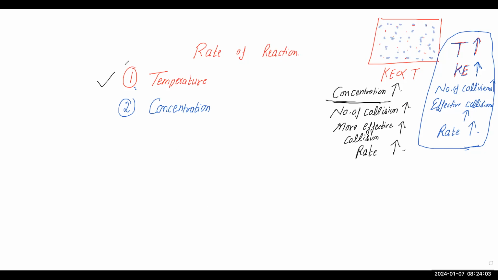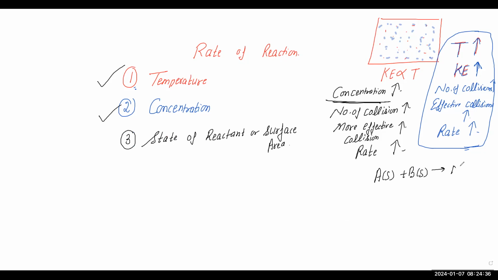So first is temperature, then concentration. The third factor is state of matter, or surface area. State of reactant, or surface area. If I give you A solid with B solid, you can say no reaction, right?